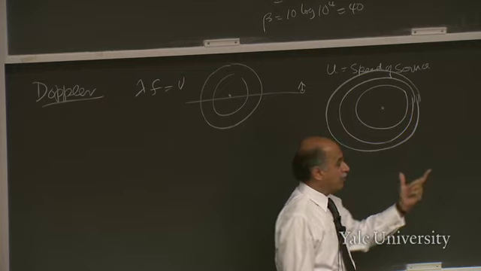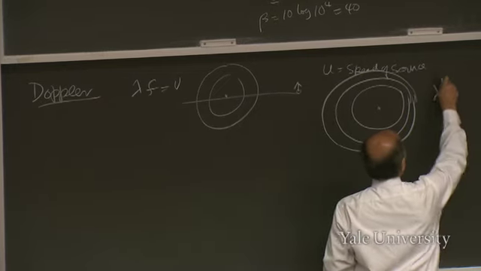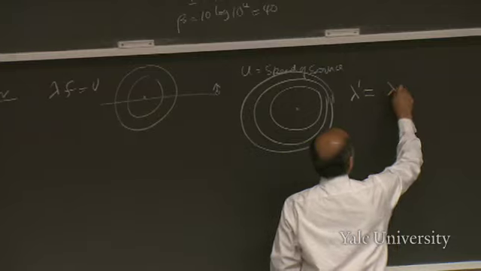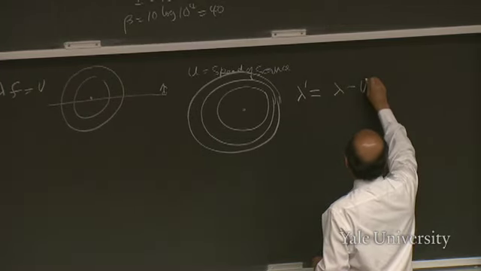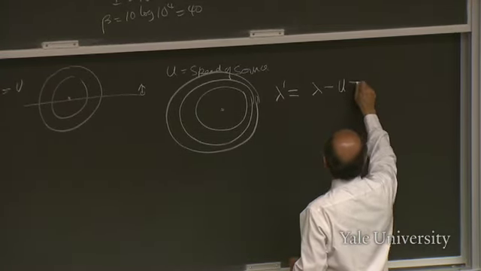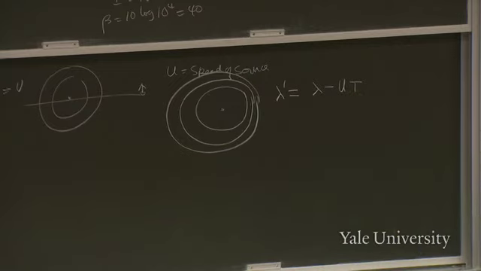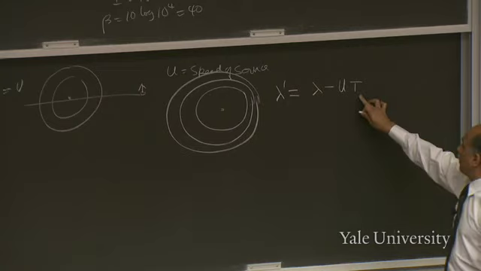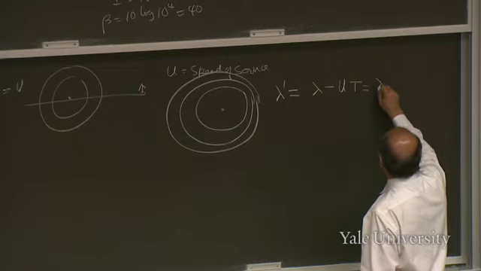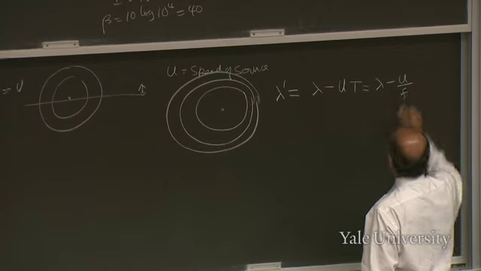So spacing from crest to crest, the new lambda, which I call lambda prime, will be lambda minus the distance the source travels in the time it takes to emit one more pulse. That is the time period. So let me write it as lambda minus u over f.